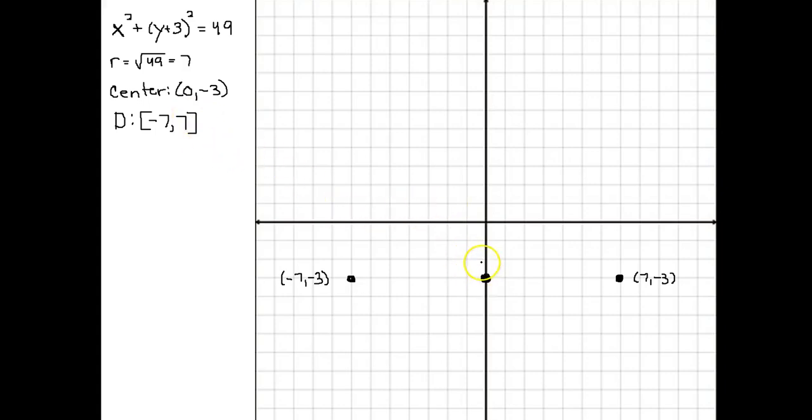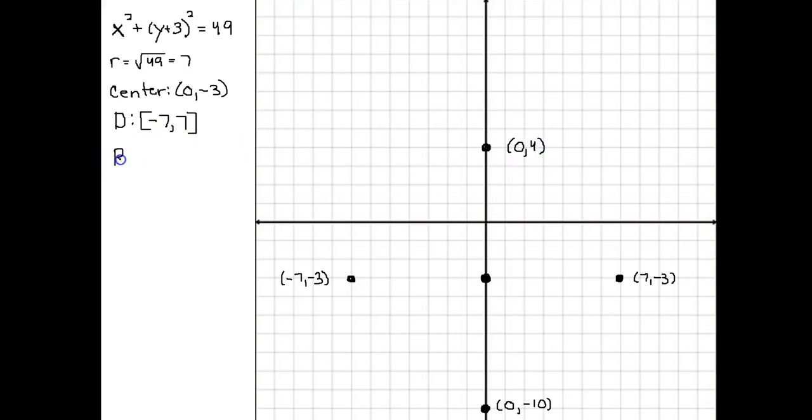And then you go down 1, 2, 3, 4, 5, 6, 7. So that actually puts you at (0, -10). And then you go up 1, 2, 3, 4, 5, 6, 7. And that's going to put you at (0, 4).